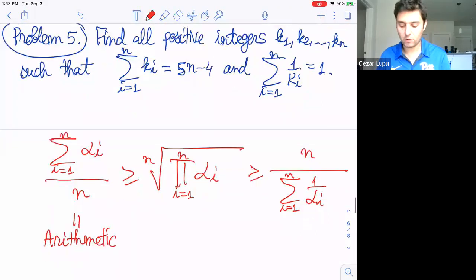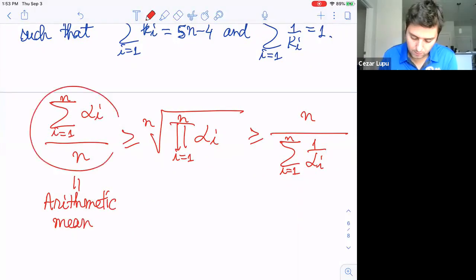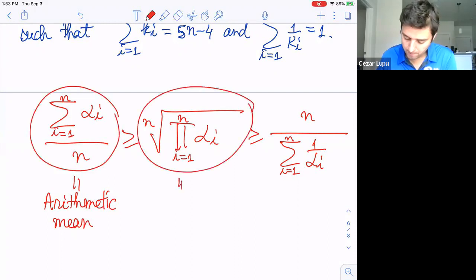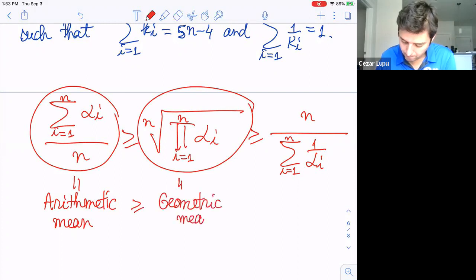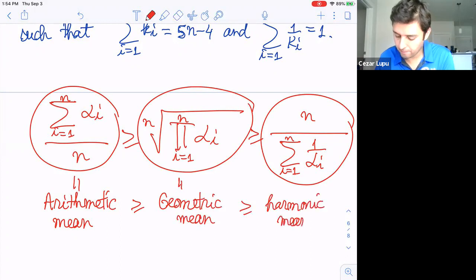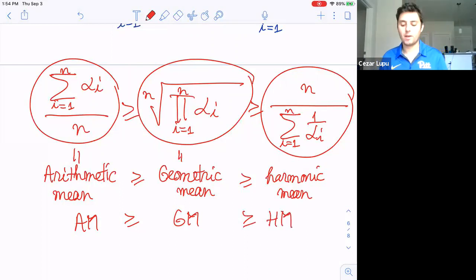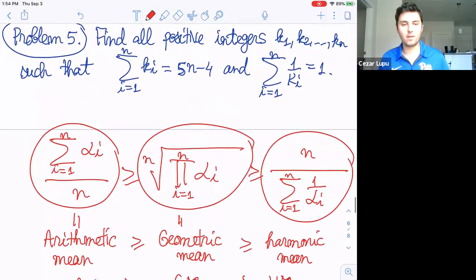We said it for two numbers, but this holds true in general. Now, in our problem, I have the sum of the positive integers and the sum of the inverses. So it's quite clear what to do.